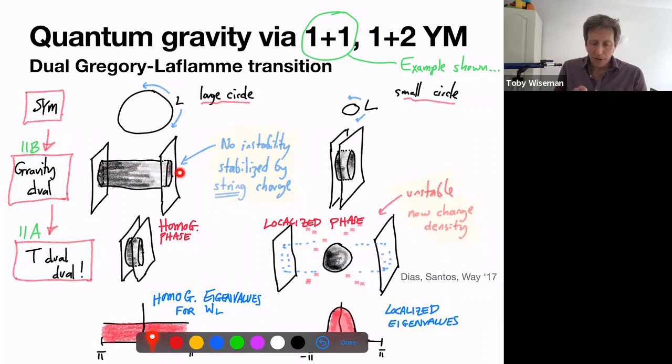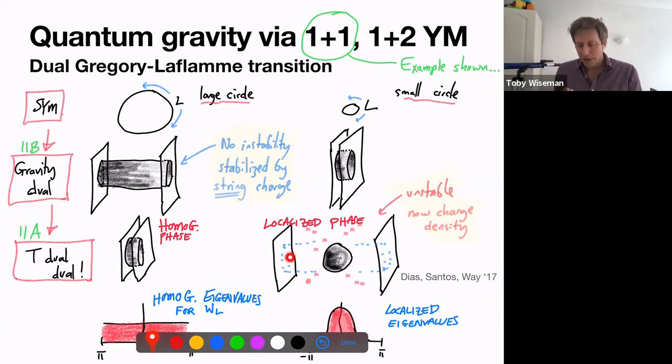However, because you have a circle now, you can T-dualize on that circle and go to some 2A theory in this 1+1 case. And now what was a large circle becomes small, and what was small becomes relatively large. And in the case of the large circle over here, well, this D1 charge, when you T-dualize, becomes a smeared D0 charge. And the point about D0 charge is now it can redistribute itself over the circle.